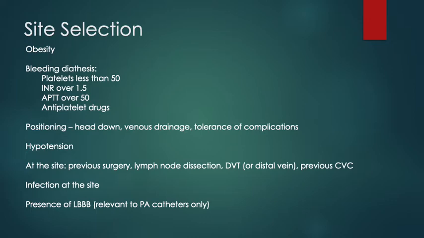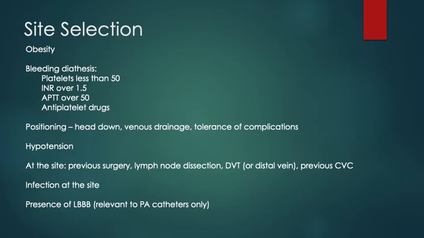Obviously, you would consider whether the patient needs to be transfused for safety, or whether somebody with quite a lot of experience of putting lines in might be the preferred operator in a patient with these types of risk factors.